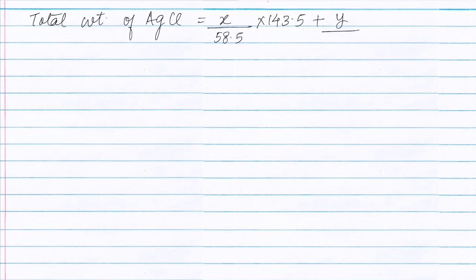Now, the total weight of AgCl after the completion of the reaction is equal to x divided by 58.5 multiplied by 143.5 plus y divided by 103 multiplied by 143.5 gram. So we get two equations.